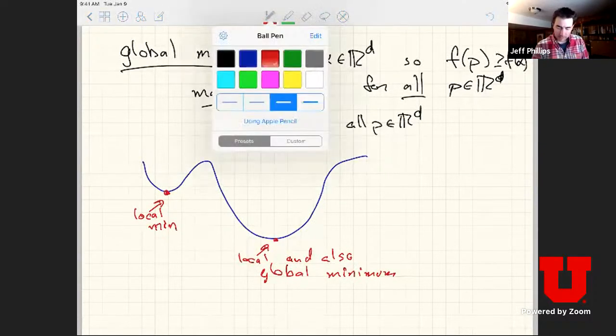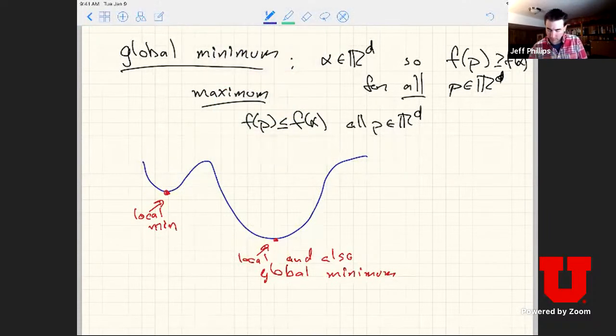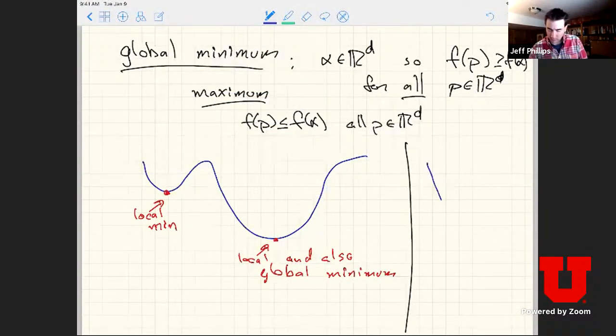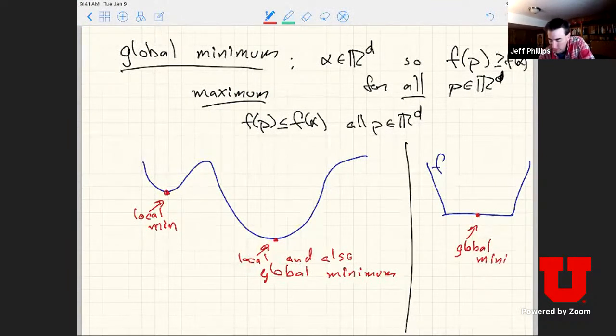We can also think of a function that looks like this. If I have a function that looks like here, what's happening is that the function is constant down at the bottom here. All right, so this might be a global minimum.